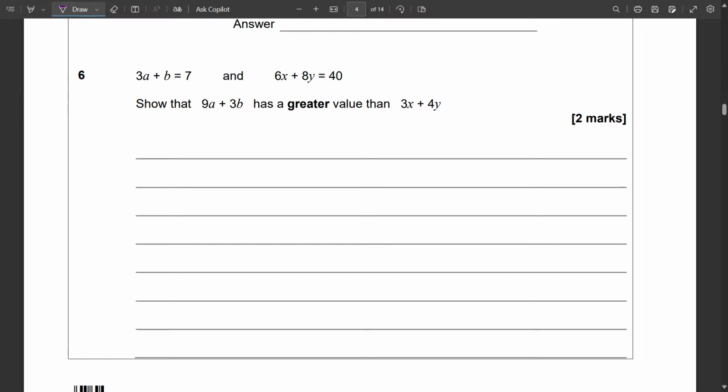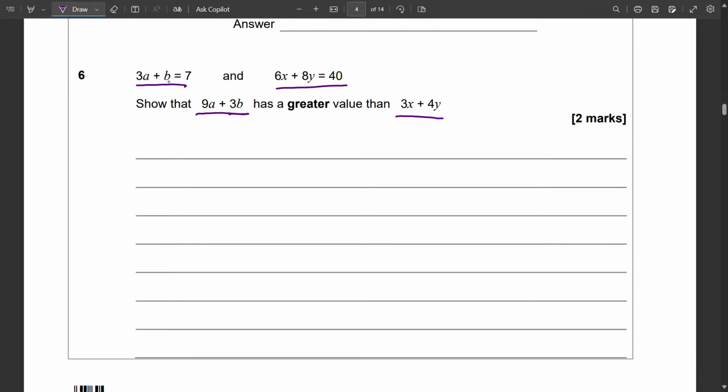This is given, and we're asked to show that 9a plus 3b has a greater value than 3x plus 4y. Now, I don't know any one of those. I know 3a plus b, but look at this. There is a connection here. 3a to 9a is triple the amount. b to 3b is triple the amount. So this value has to be 3 times this value.